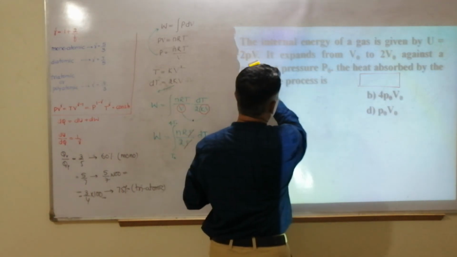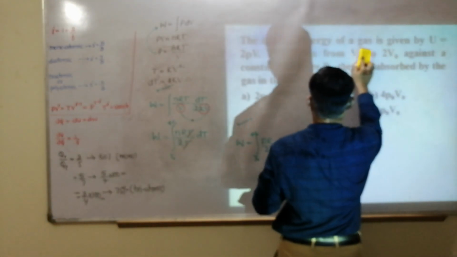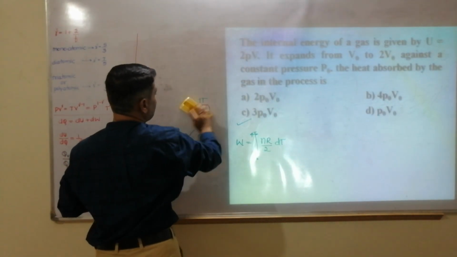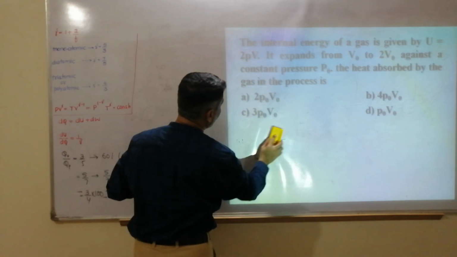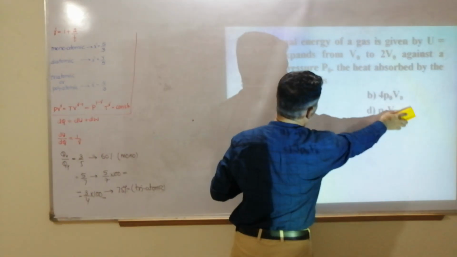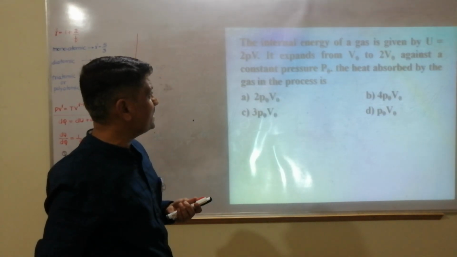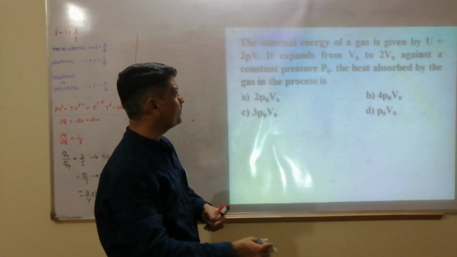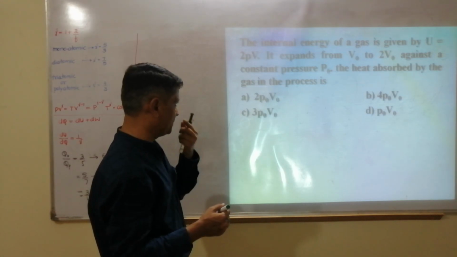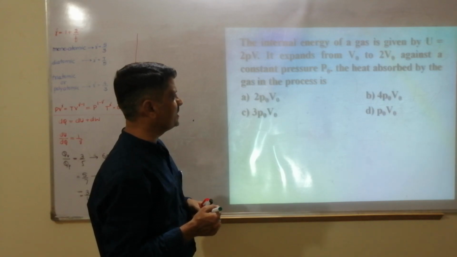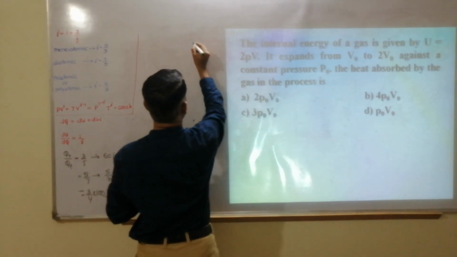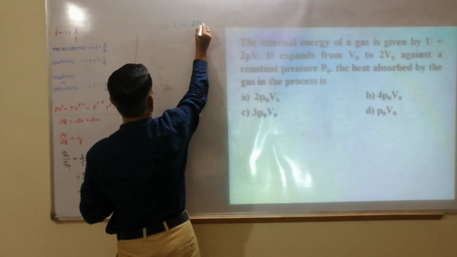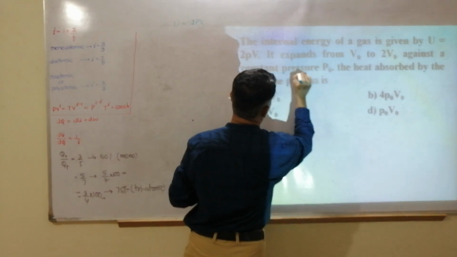Next, the internal energy of a gas is given by U equals 2PV. It expands from V0 to 2V0 against constant pressure. The heat absorbed by the gas in the process is... I hope it is also very easy. U is given as 2PV, and pressure is constant.